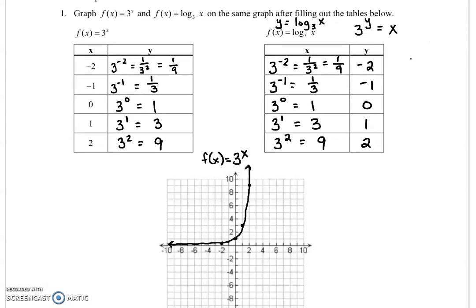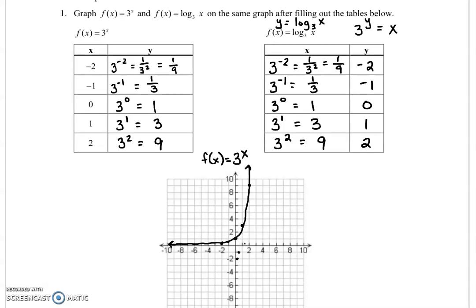Now let's graph log base 3 of x. So this time when x is 1/9, so very, very close to the y-axis, y is -2. When x is 1/3, y is -1.